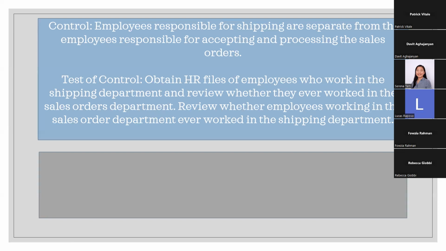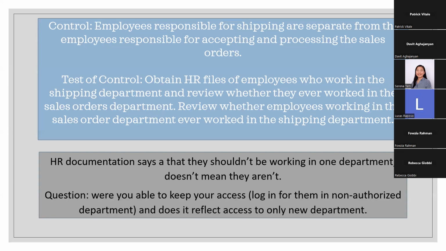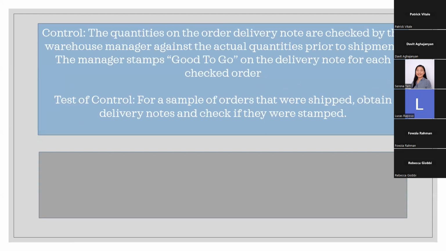If they used to work in that department, do they still have access in the new department? The HR document just says that they shouldn't be working in one department, doesn't mean they aren't. You can go fool around in the other department if you want. On paper it says you work in one department, right? Question: were you able to keep access login info for them in the non-authorized department, and does it reflect access to only the new department?